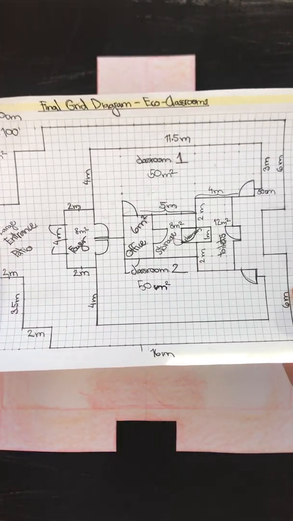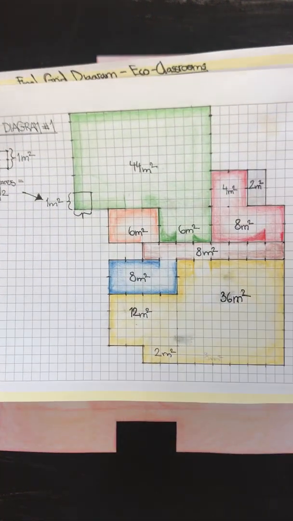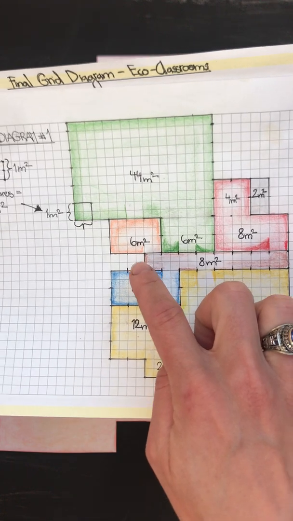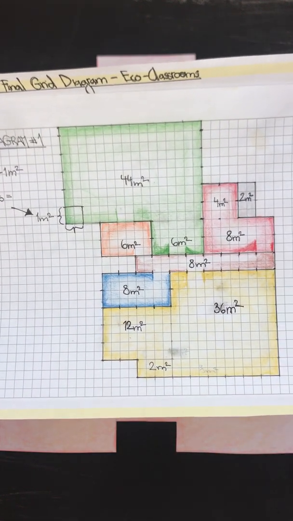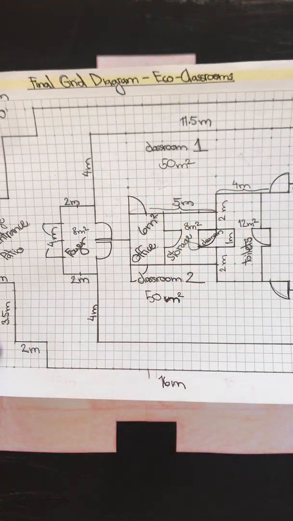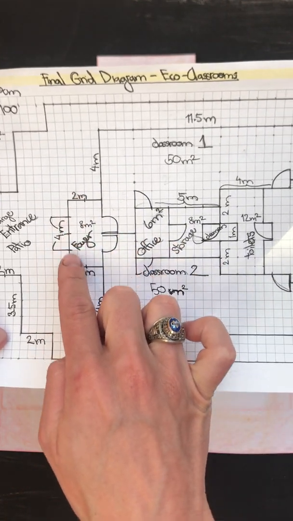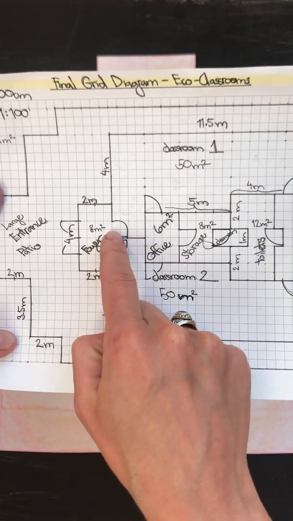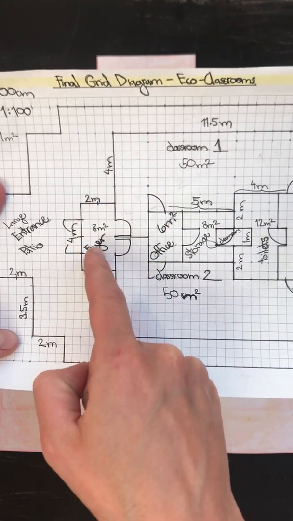It is inspired by student work, and it is different from the previous one where the corridor or foyer or hallway was right here. I have seen student work, which I thought was amazing, and I used it as a piece of inspiration, where the foyer is at the entrance, and the entrance into classroom 1 and into classroom 2 is right from here.